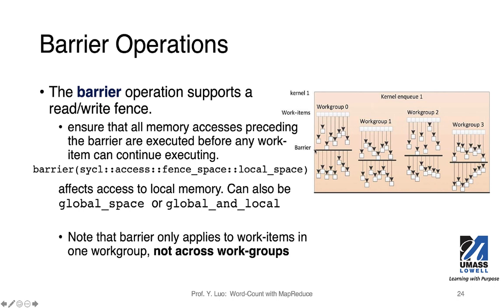That's why we can make sure that the local counters are initialized before everyone can proceed to the actual counting. And this barrier can only apply to the work items within the same work group. That's why you see these barriers are different from work group to work group. And there's no way to synchronize them across work groups.